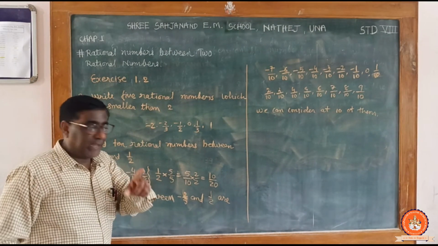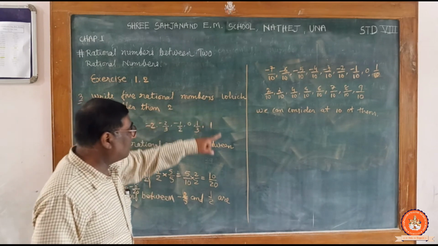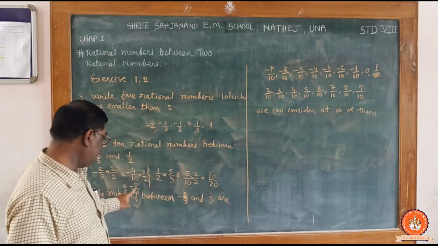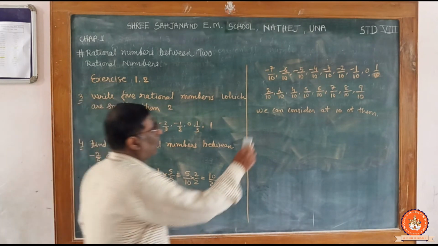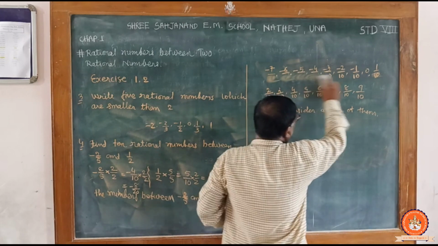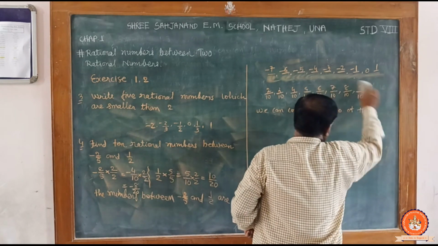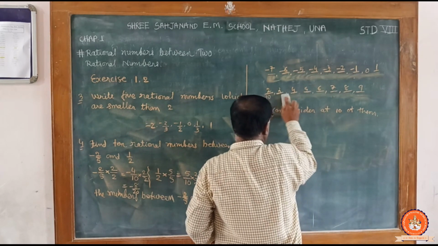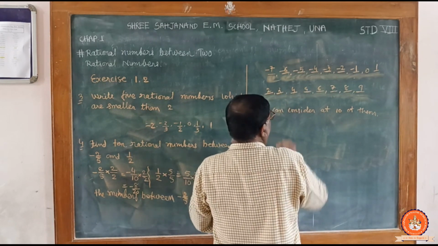Okay, one rectification is that this list does not start with minus 7 by 10. Here it is minus 8 by 20. So the denominator of all these numbers is 20 and not 10.